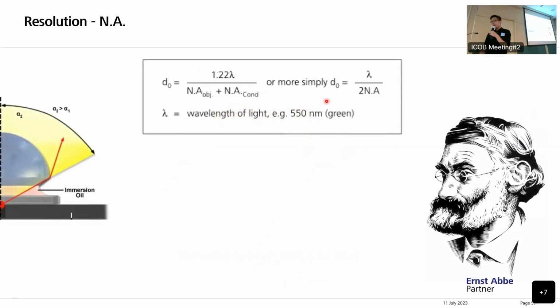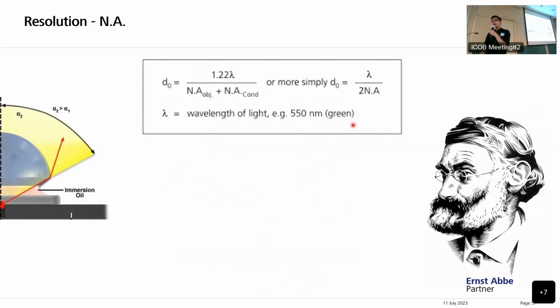And here we have the function to determine the resolution of our lens, and we just see the simplified one. So the resolution is proportional to the wavelength. For example, for green light, the wavelength is around 550 nanometers.